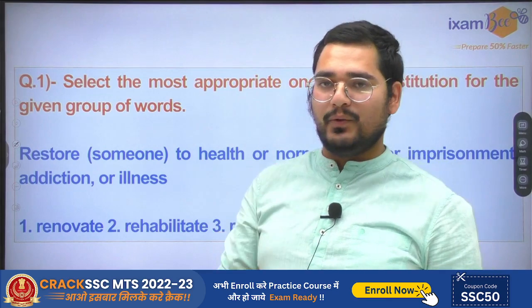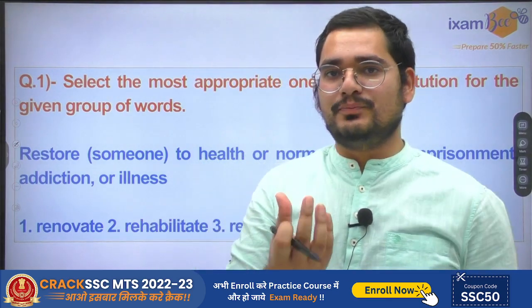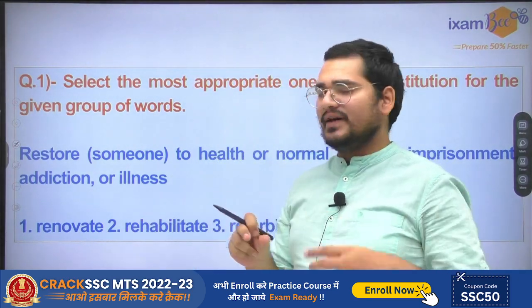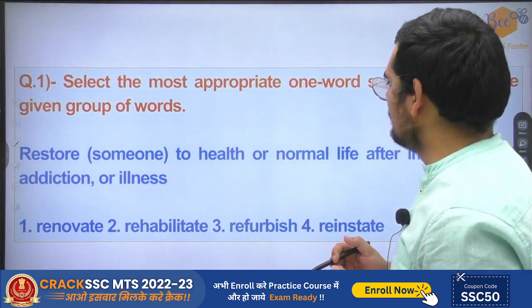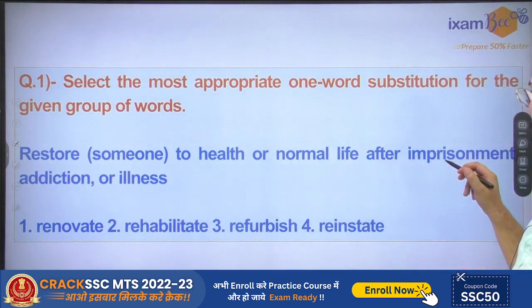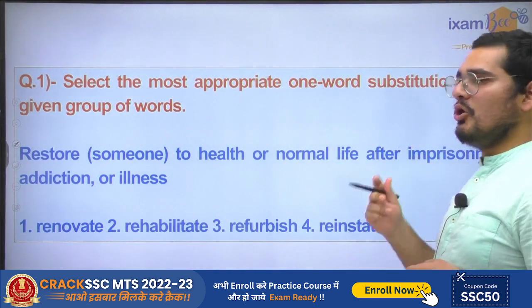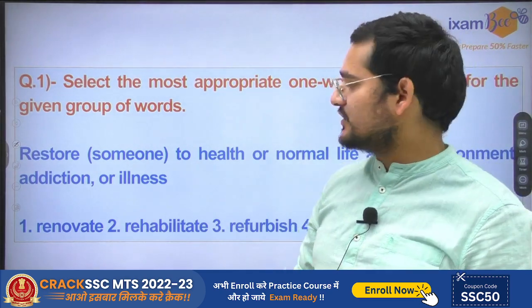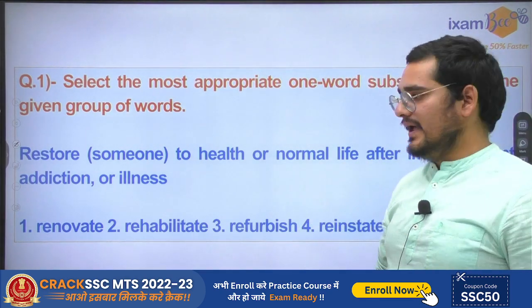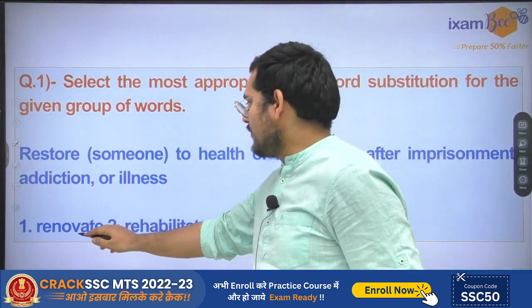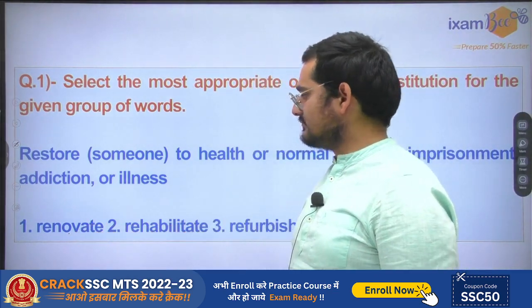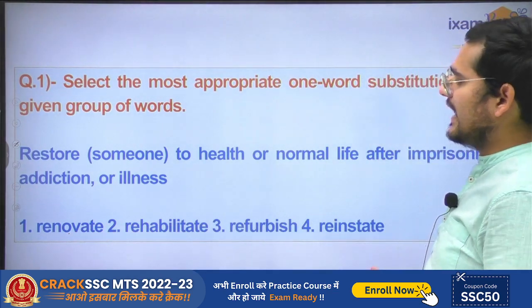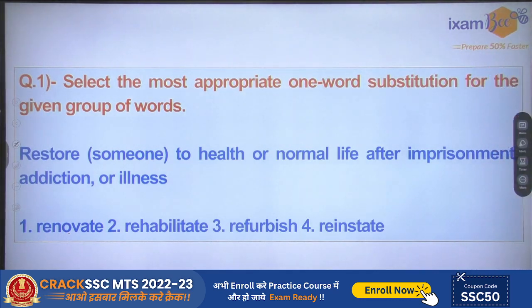So what is it called when we restore someone to health or normal life after imprisonment, or when the person has gone through addiction or an illness? The first word we have is renovate, second rehabilitate, third refurbish, and the fourth reinstate.